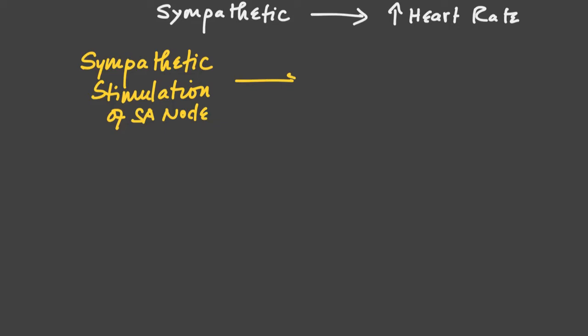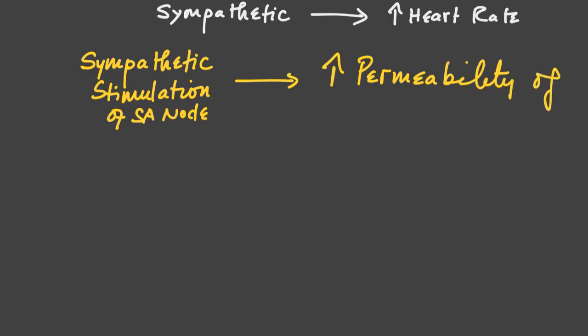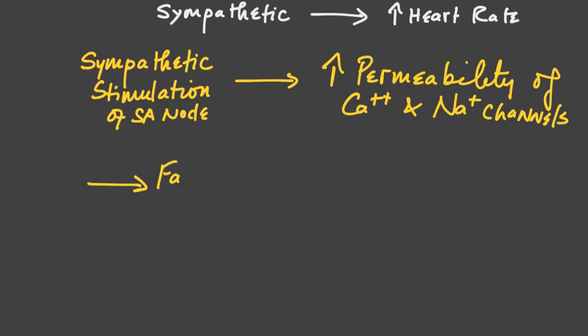This causes the permeability of the calcium and sodium channels to go up. So the permeability, meaning the calcium and sodium channels open more, and so this increases the movement of sodium and calcium. Therefore, there is fast inflow of calcium and sodium.